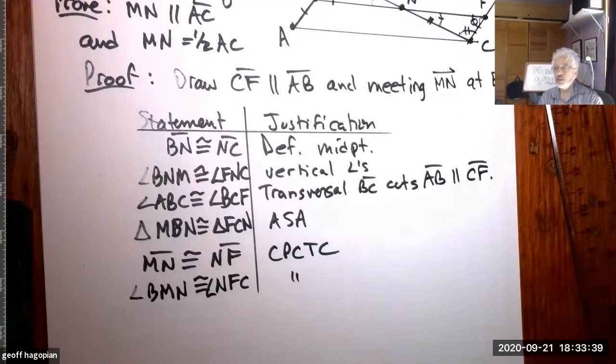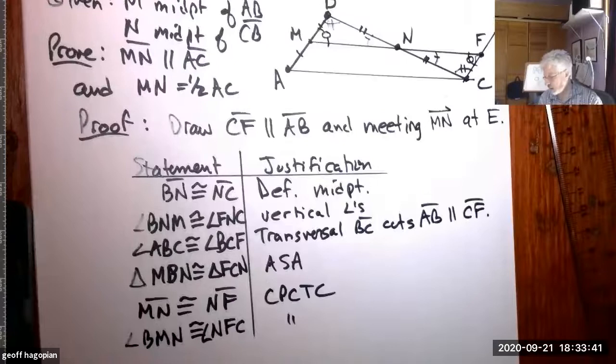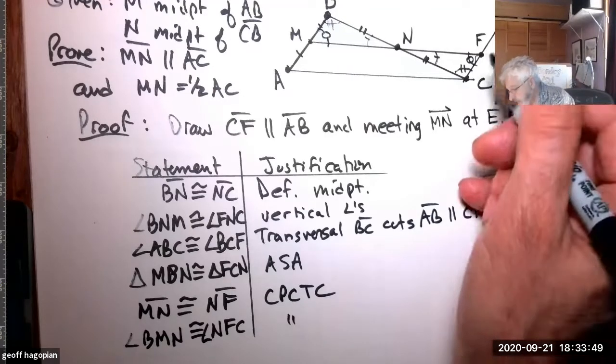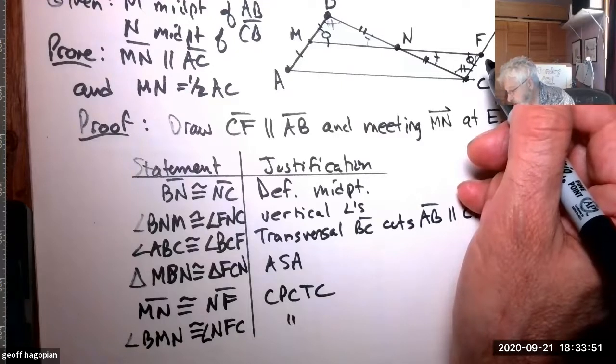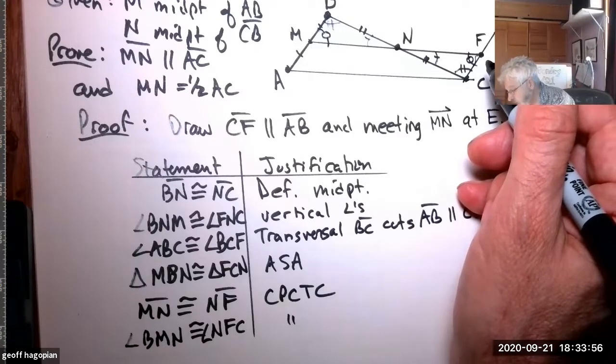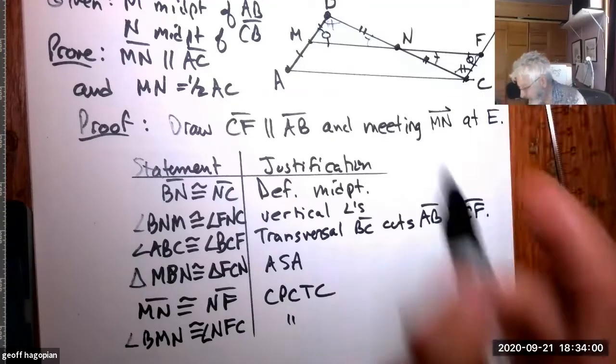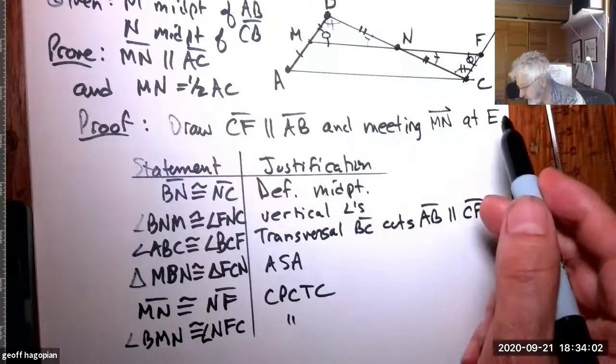Corresponding parts of congruent triangles are congruent, but that means then that, I don't know, what does it mean? We want to establish that MN is parallel to AC, right?